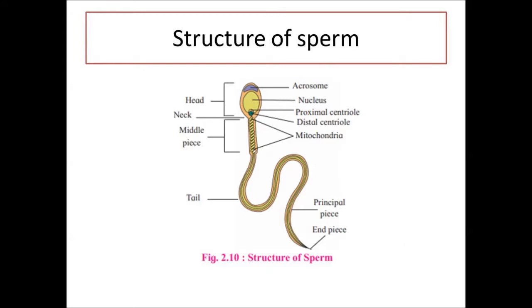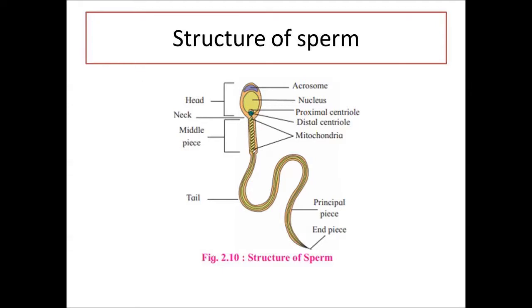It is partly surrounded by plasma membrane. The part without plasma membrane is called the end piece. This is the structure of the sperm. Then the next process, that is oogenesis.